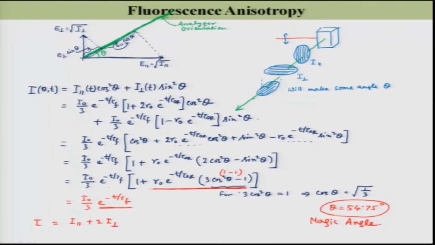What I will do now is the following. I will integrate it. What will I integrate? Integration 0 to infinity I parallel t dt. Let me write integration 0 to infinity, it is of the form I parallel t, I 0 by 3 e to the power minus t by tau f, and so on.